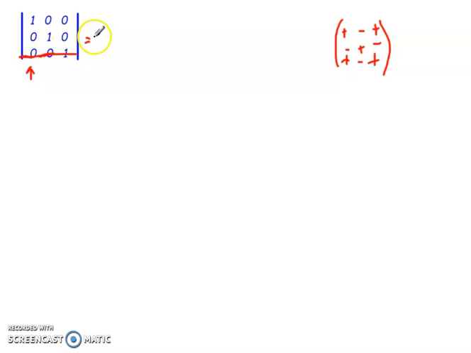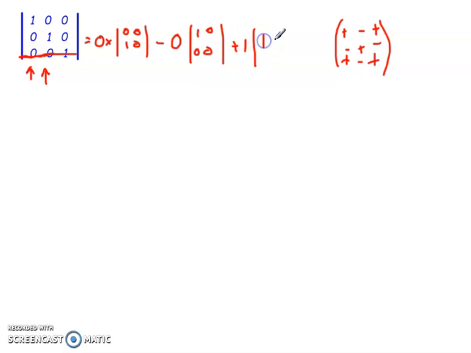And then I just do each element on its own. So going up this column here, I've got 0 times the matrix 0, 0, 1, 0. Well, that's fine. And then got minus because of this. 0 times the matrix that's left by that. So that would be 1, 0, 0, 0. I've then got plus 1 times the matrix left by 1, 0, 0, 1.